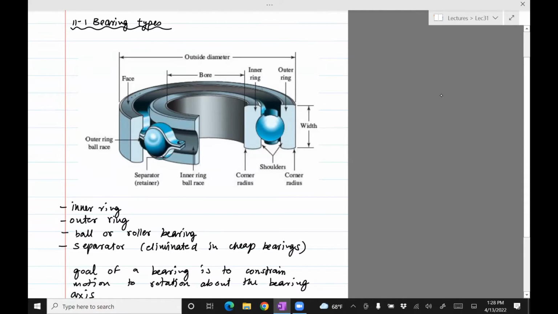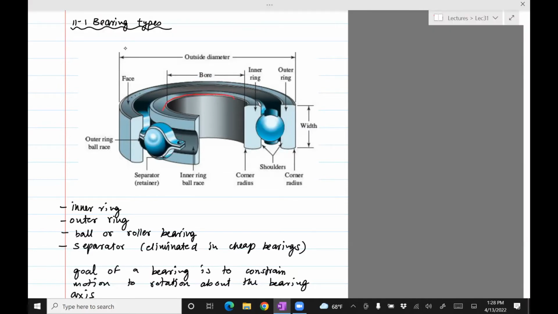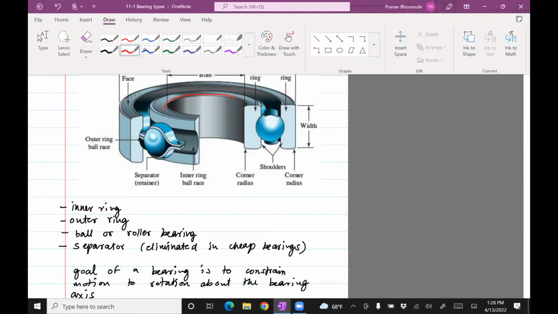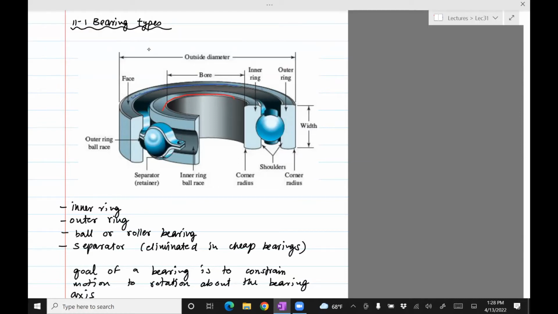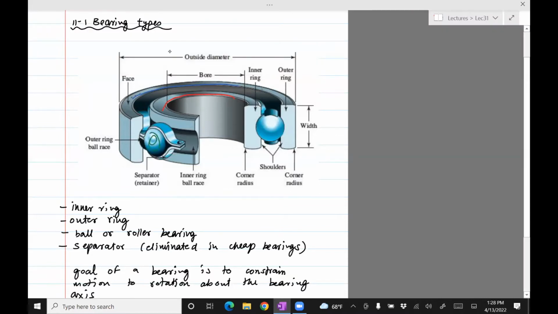There are two types of bearing: the roller bearing and the ball bearing. This one is the ball bearing because you see there are balls. A bearing usually has three parts: the inner ring, the outer ring, and between them these balls.